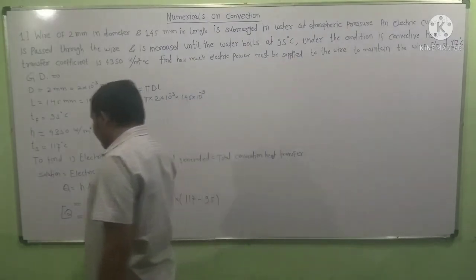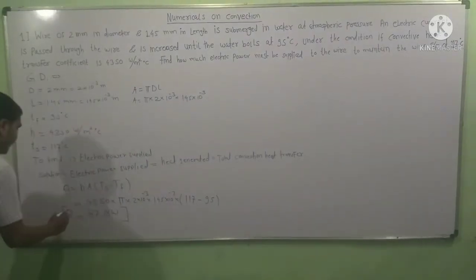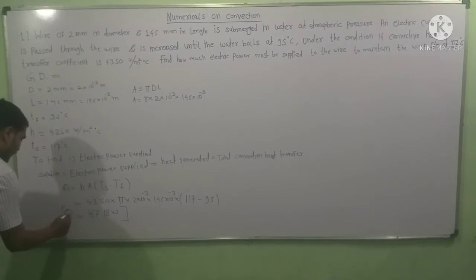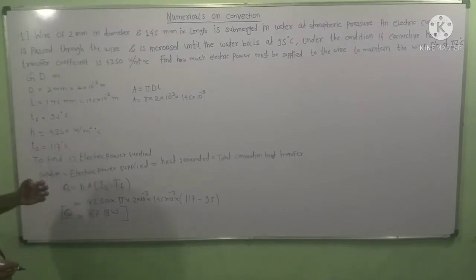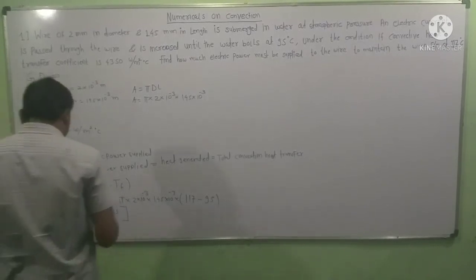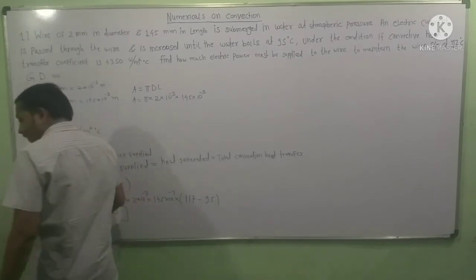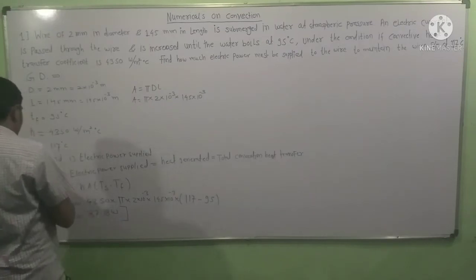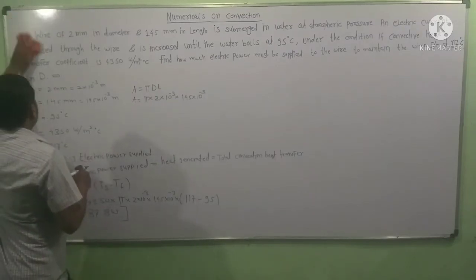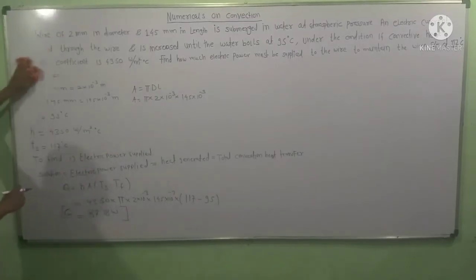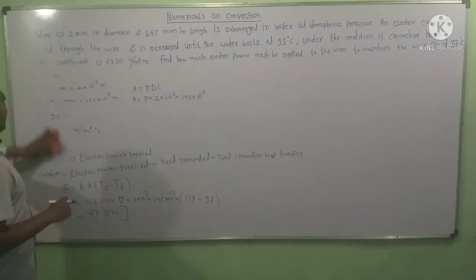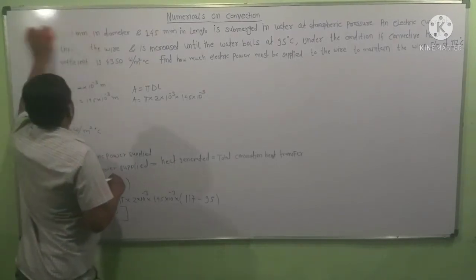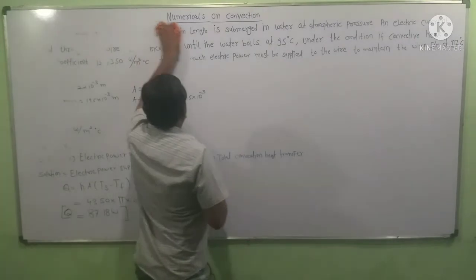Whatever may be the heat generated, heat loss, or electric supply, which is given. So we'll see another numerical of the same kind to understand this convection heat transfer in a proper manner.